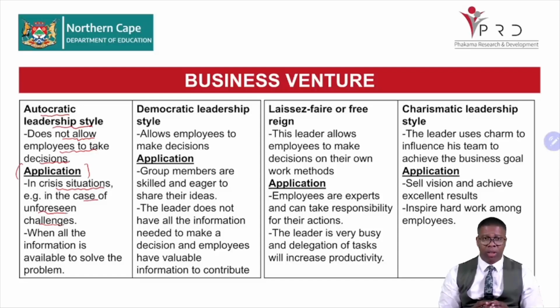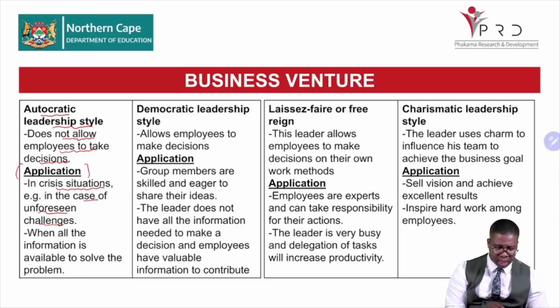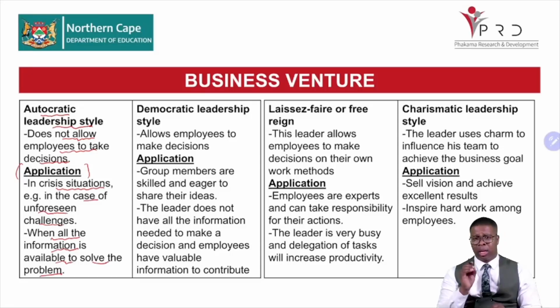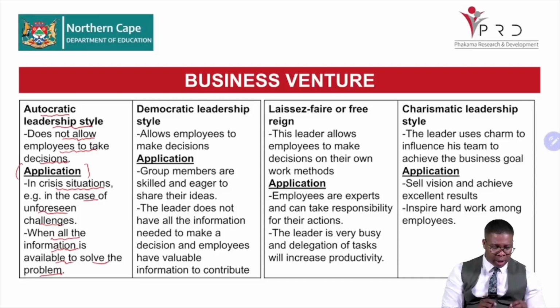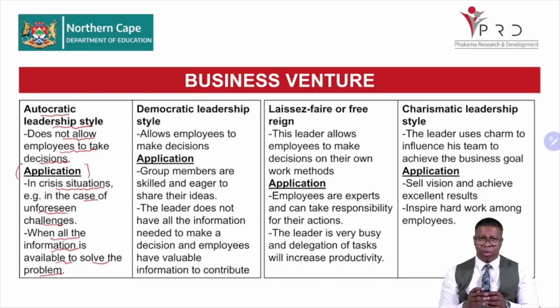So we use the autocratic leadership style, so that they could save time and deal with the crisis fast. And again, we use autocratic leadership style when all information is available to solve the problem. So those are two situations. In a crisis, a leader can use autocratic. When information is available to make all decisions, the leader can use autocratic.